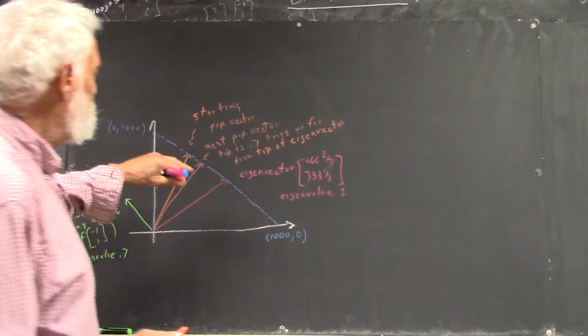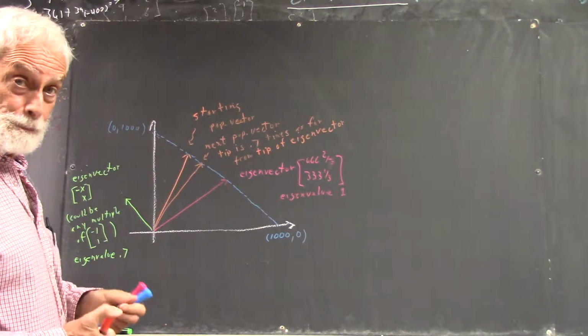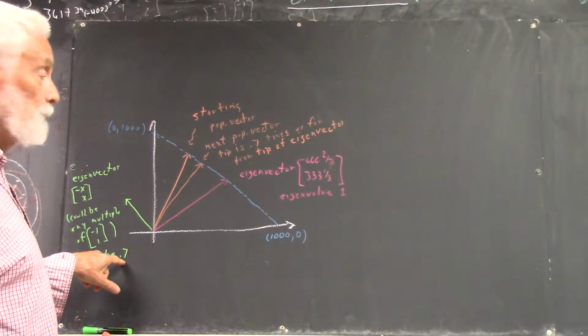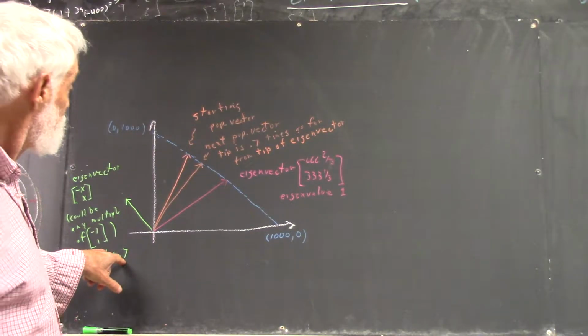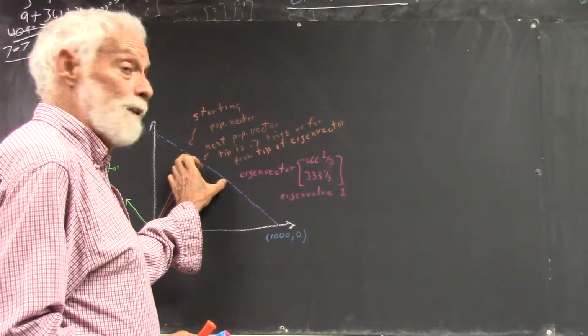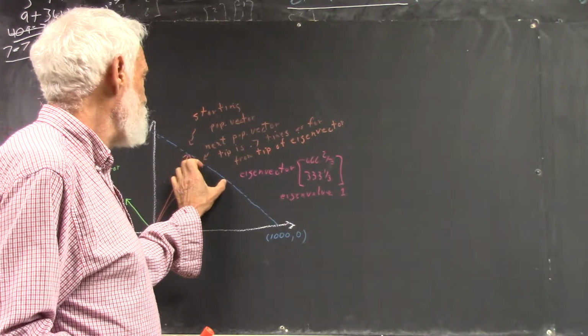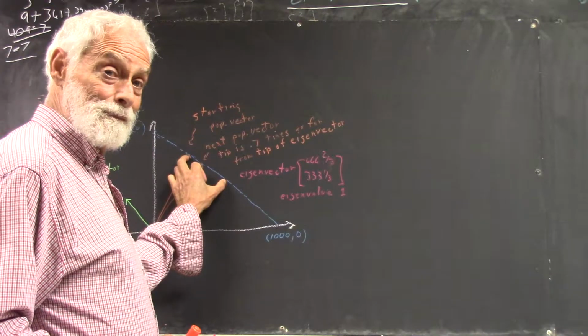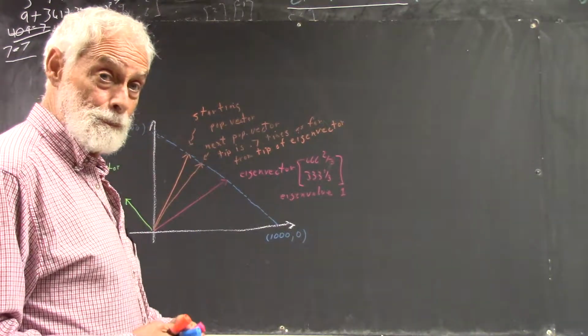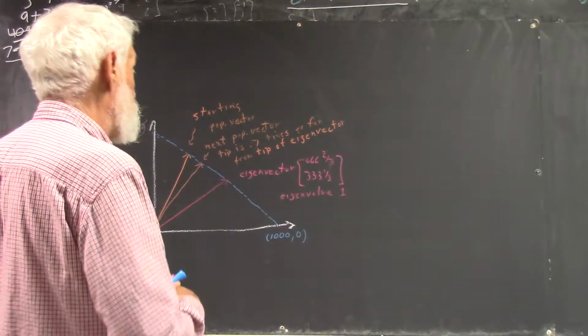Okay, so anyhow, the point again is, since the eigenvalue is 0.7, this distance is 70% of this distance, and it will always be the same for every subsequent vector. Okay? So let me finish my sentence.